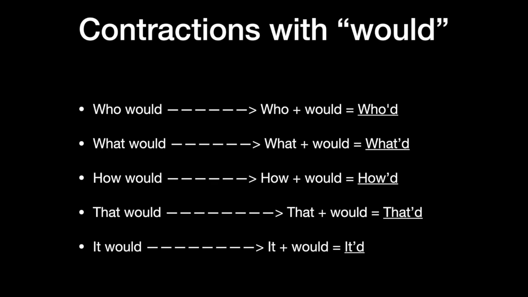Some other examples of contractions that use the word would: who would is who'd, what would, how would is how'd, that would, and it would is it'd.